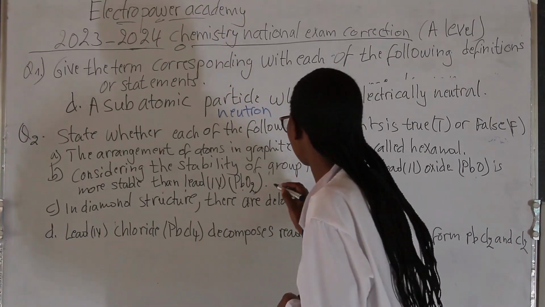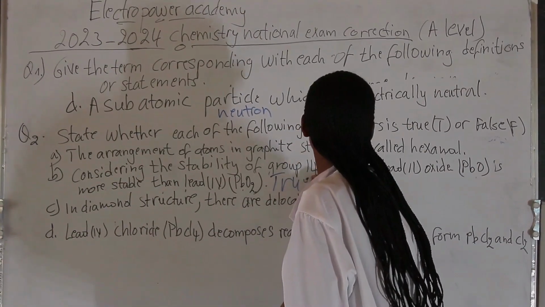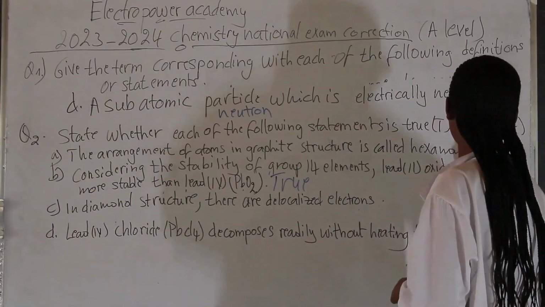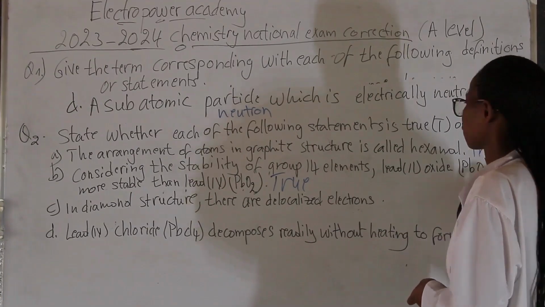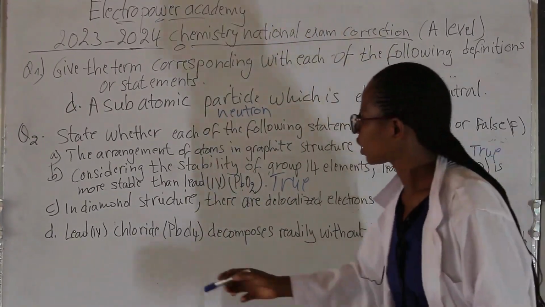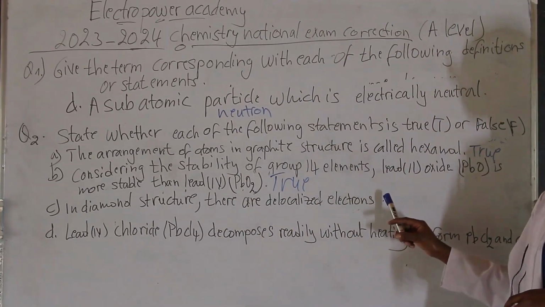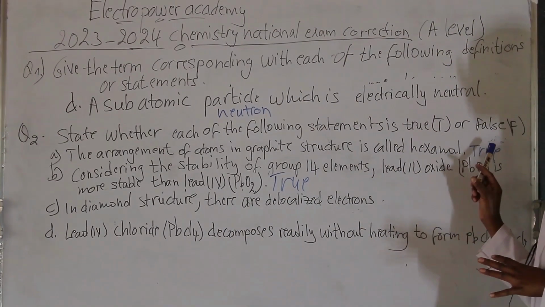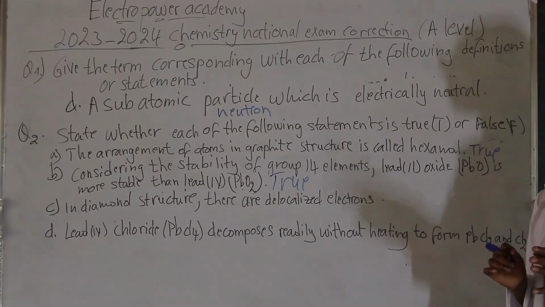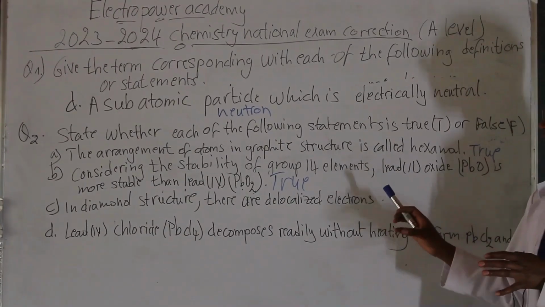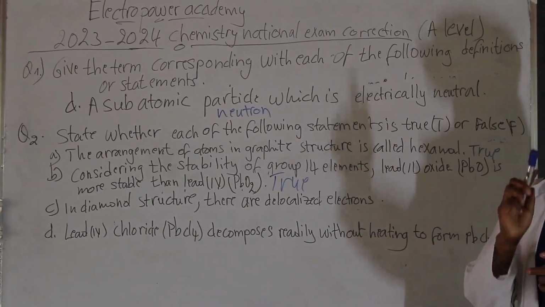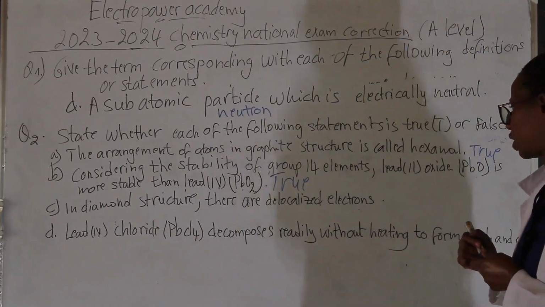Also, this is true. Let's move to the next. C, in diamond structure, there are delocalized electrons. This is false. Remember, in diamond we don't have delocalized electrons, as diamond cannot conduct electricity.